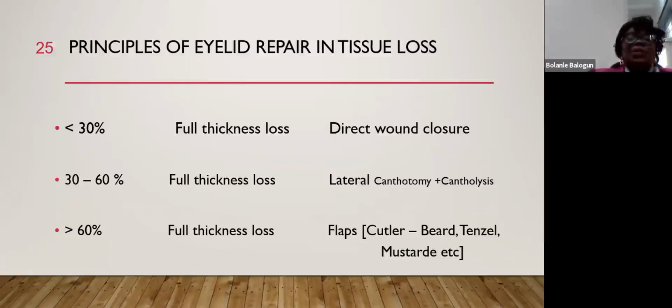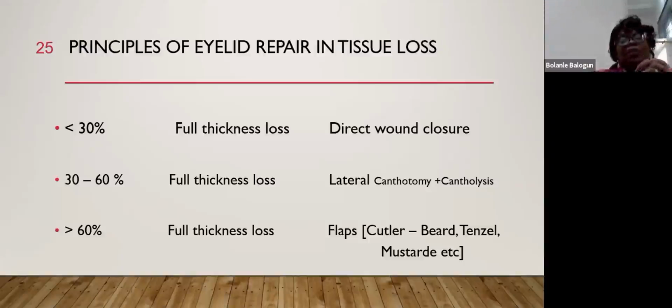Depending on how much tissue injury, laceration for example, the patient has, if you have less than 30% tissue loss, you can do direct closure, because that will not stretch the eyelid beyond what it can take. So you just suture layer by layer.